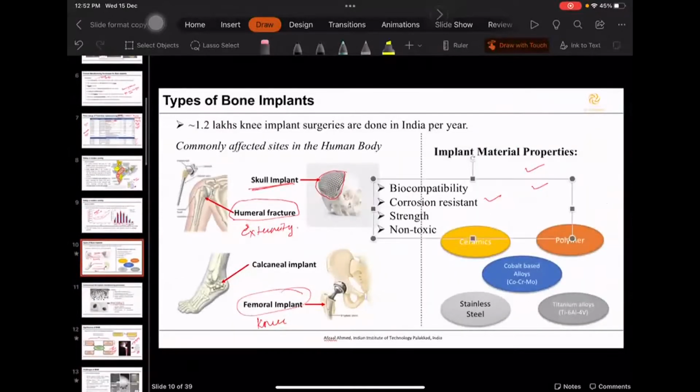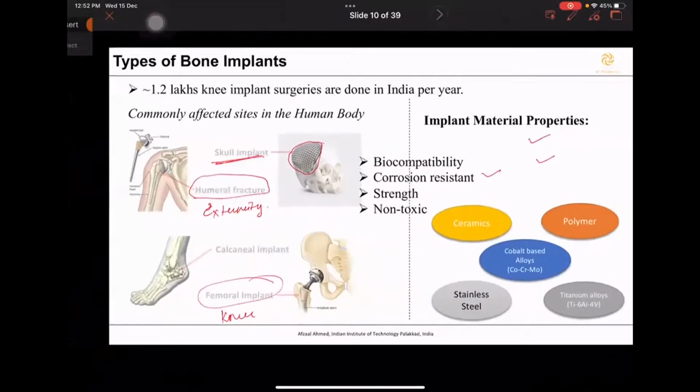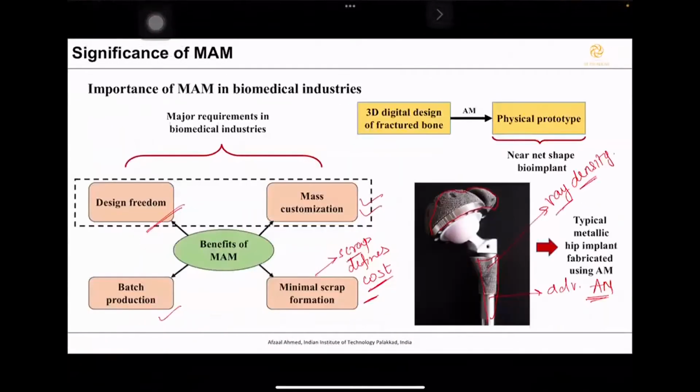Yes, this is the implant. This is the hip implant which is manufactured, but again, I cannot say exactly whether it has been used inside the body or not. But knee implants are there using metal additive manufacturing.